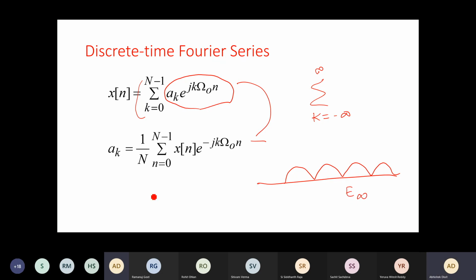What is the energy of e to the power jk omega naught n from minus infinity to plus infinity? It is also infinity. Now, if we would have used this summation going from minus infinity to plus infinity, you would definitely run into trouble dividing by infinity, because the energy of this basis would be infinity in that minus infinity to plus infinity range.